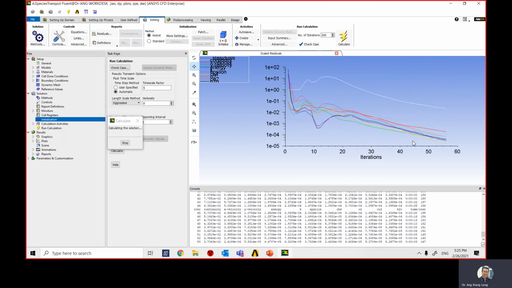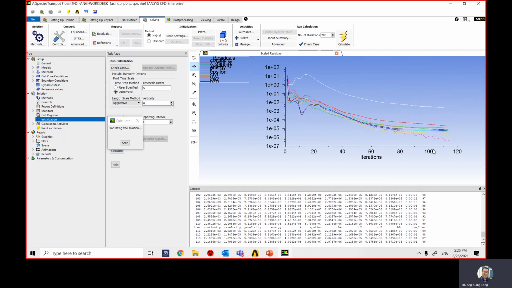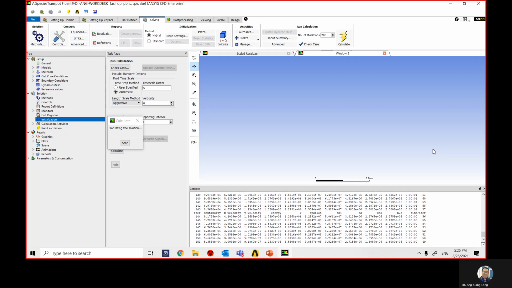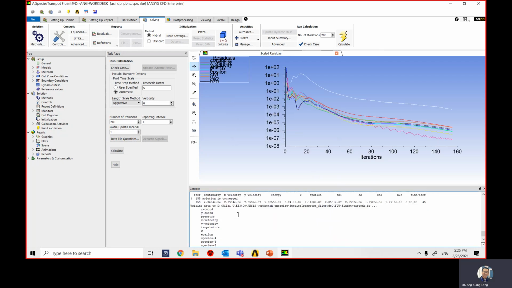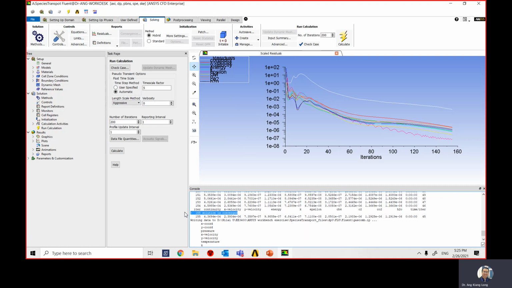So you see that the calculation is very fast compared to the conventional one. All right, so you see calculation completed, and this is what we want, yeah. So the solution converged at 115 iterations. It already converged.